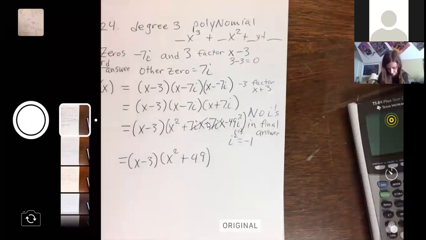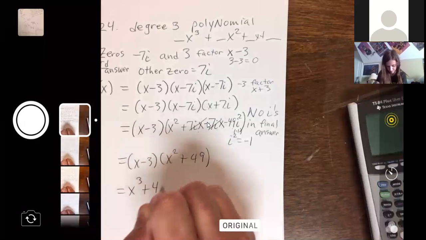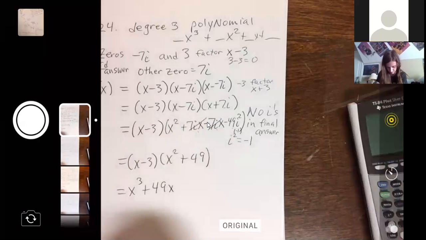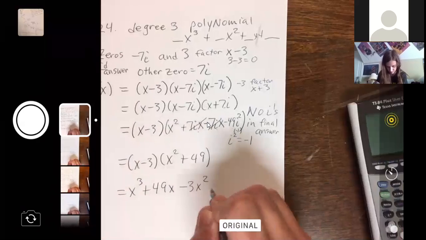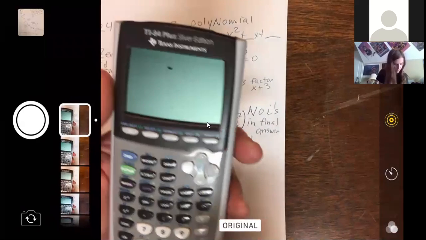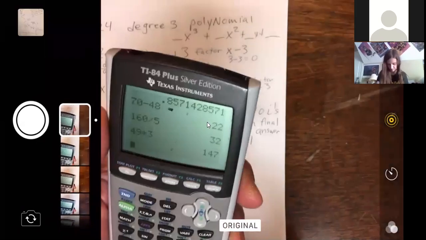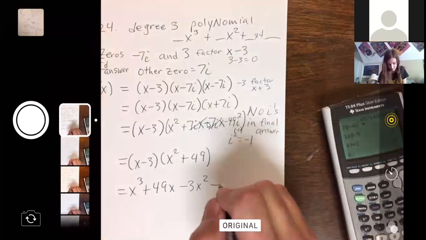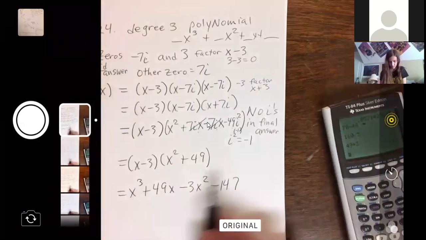I think so. Okay. x to the third plus a 49x, round 1, minus 3x squared and minus whatever the heck 49 times 3 is. I have it on the key. 147. And this is perfectly valid, but of course it's slightly out of order.